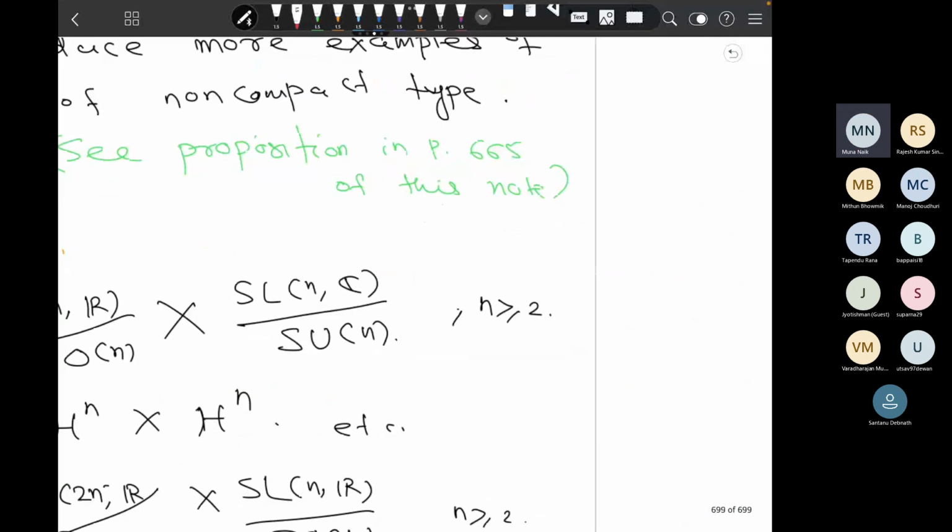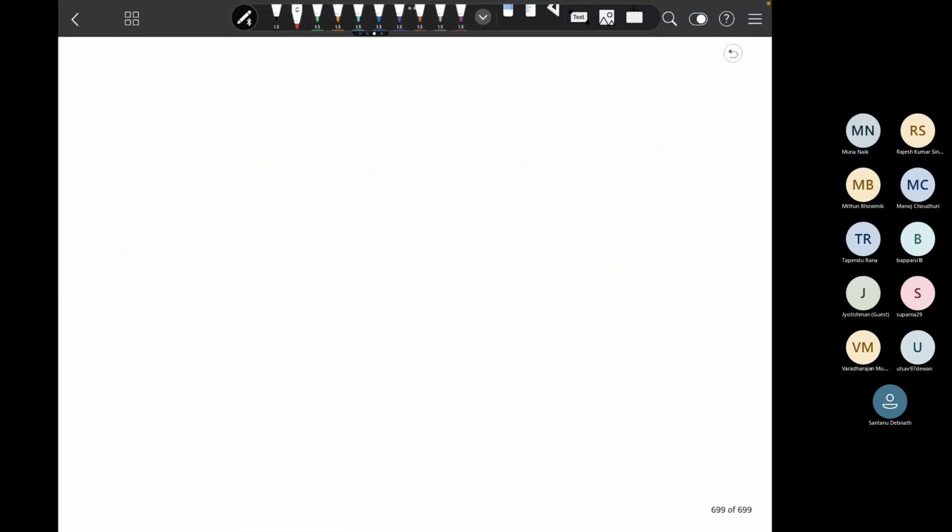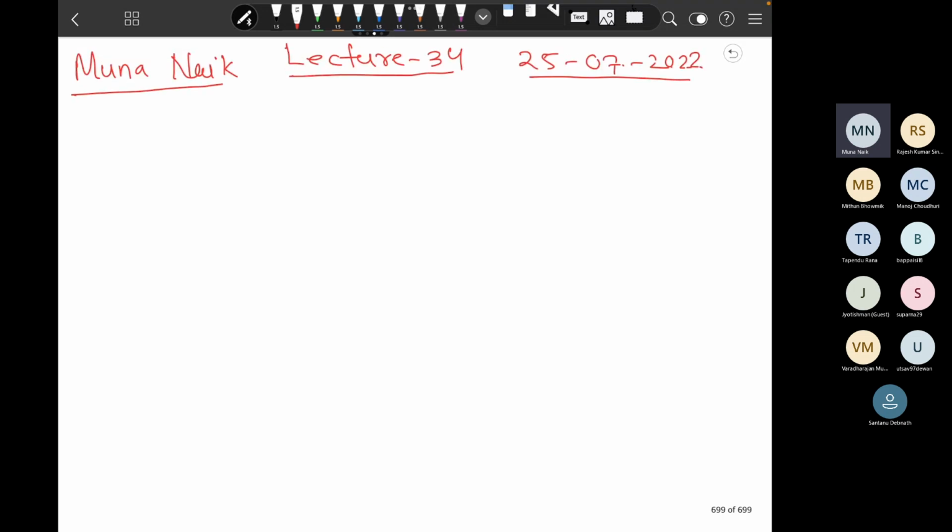Also, we have seen that to determine whether a Riemannian symmetric pair is effective, or whether it is of compact type, we need some knowledge about the center of the group. So for that reason, today's lecture will be devoted to calculating the center of some matrix groups which are familiar to all of you.